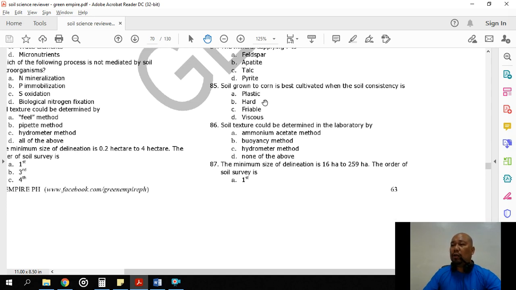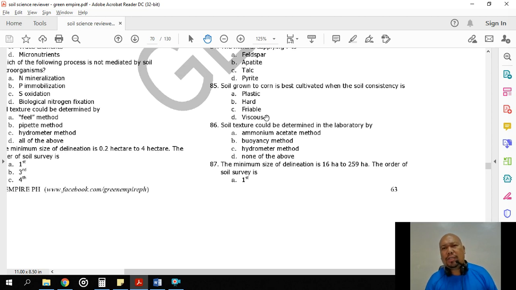85. Soil grown to corn is best cultivated when the soil consistency is plastic, hard, friable, and viscous. Which one is okay? Friable means crumbly. Viscous has something to do with the flow of a liquid. So think of oil as more viscous, thicker compared to water.